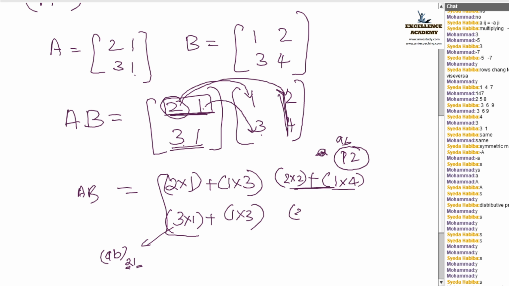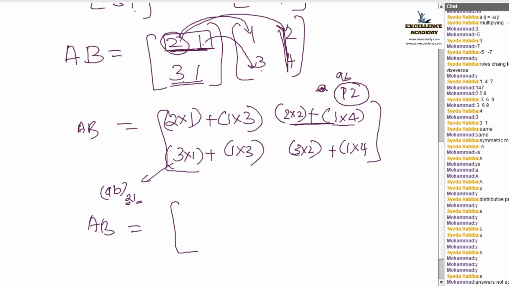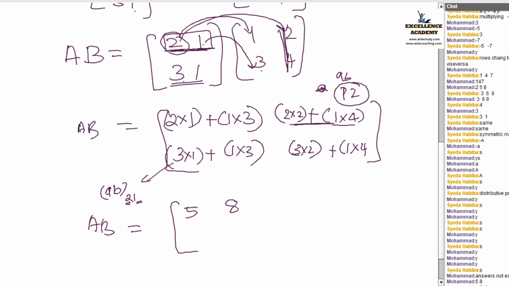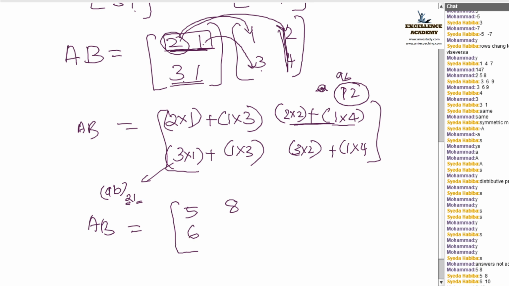And what about the last one? 3 into 2 plus 1 into 4. Therefore, you will get AB is equal to, what will you get for AB? Please tell. 5, 8, 6, 10. Right.